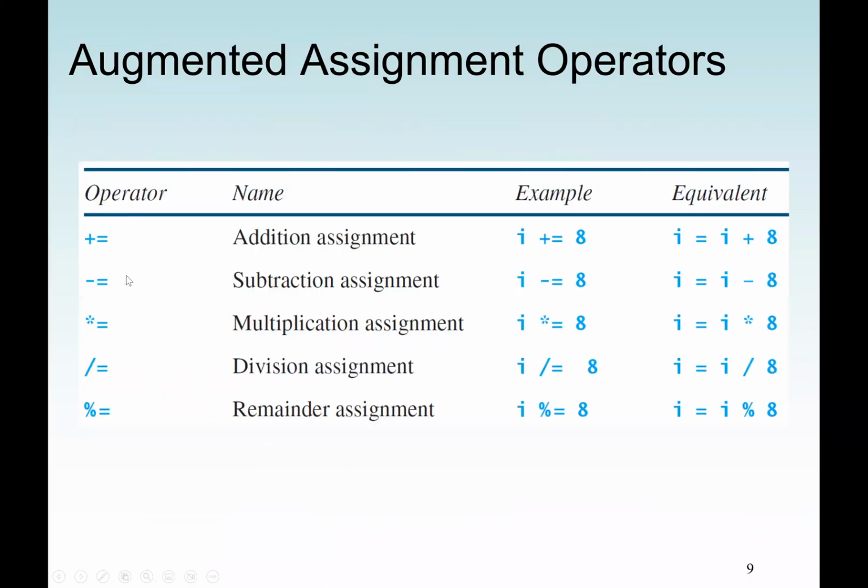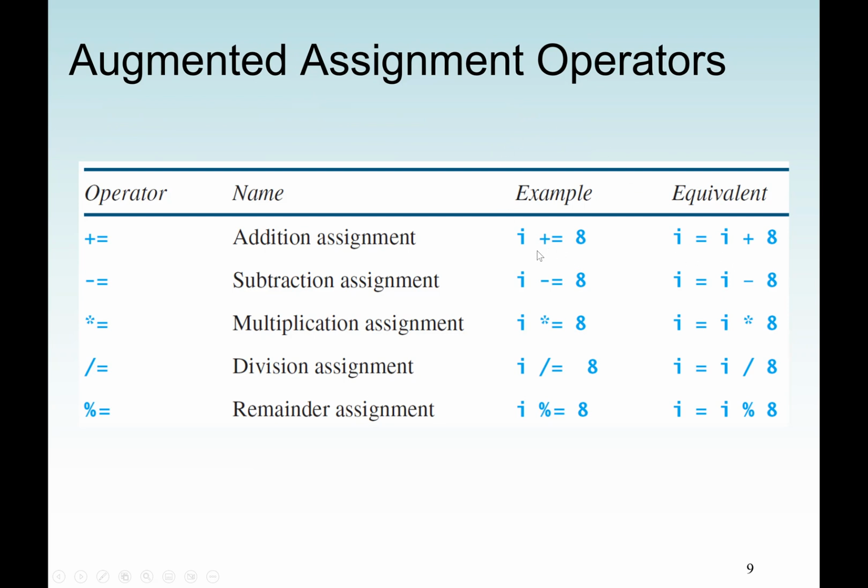So this is again our arithmetic operations. This is the augmented assignment operators, sometimes called the compound operators. So plus equal, for example here, means if I say i += 8, it means I'm going to add the current i value to 8 and I'll assign it back to i.